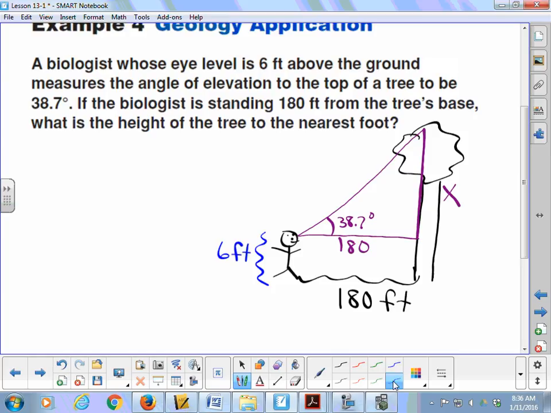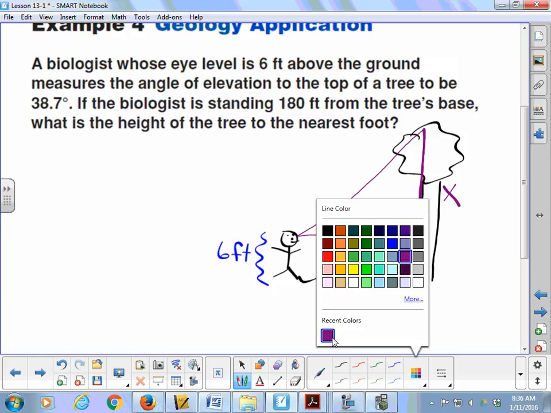Okay. 180 is which side of the right triangle then? Okay, the adjacent side helps make the angle. And x, that side, what is that part of the right triangle? Opposite, okay. So which trig function does opposite and adjacent?